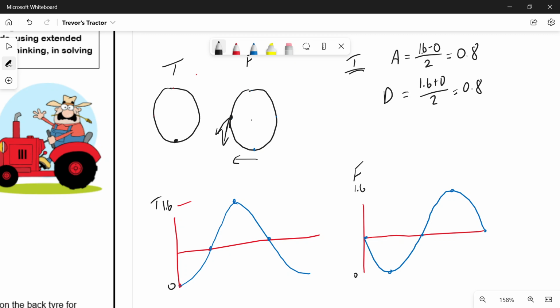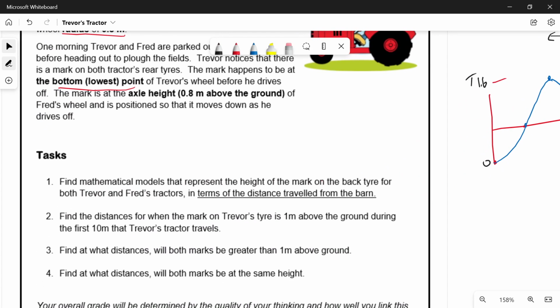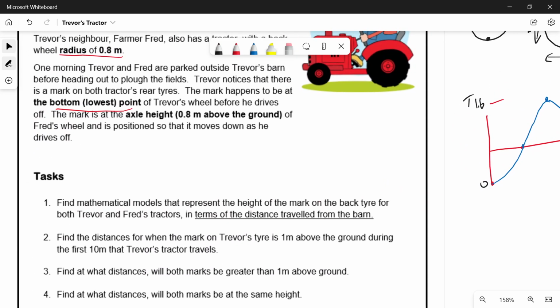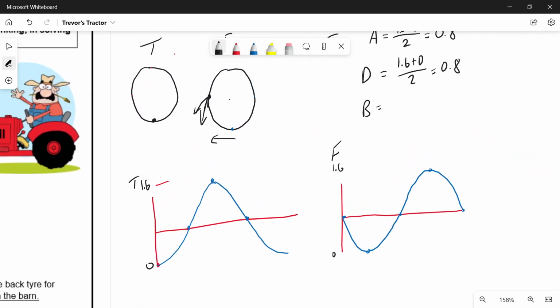Okay? And B, well, what is the period? How long or how far are we traveling? Let's quickly have a look. For the one wheel to rotate, what's the distance the wheel is moving? This is not a time question, this is a distance. So what is the distance travelled if this spins one revolution? Well, the distance travelled is that circumference, right?